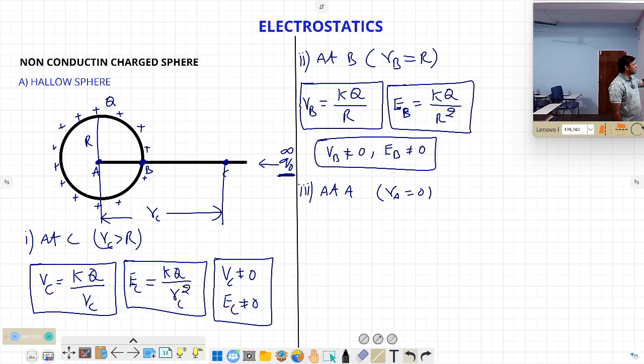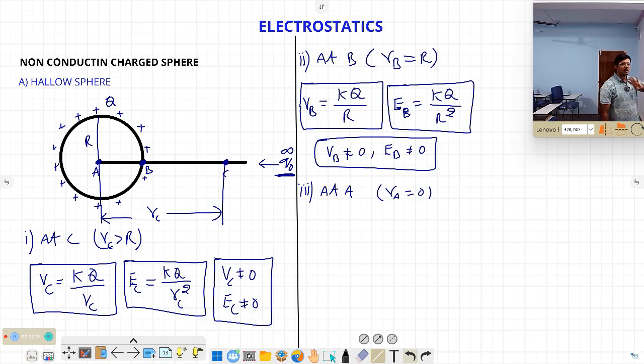But here at A point, what about the potential? Already we discussed: if you want to bring the charge from infinity onto the surface, the same work you have to do to bring it inside also. That means you have to do work to bring the charge from infinity inside, so a potential exists inside the hollow sphere and the solid sphere also. So in the case of conducting or non-conducting, potential will always exist inside. It is not going to become 0.